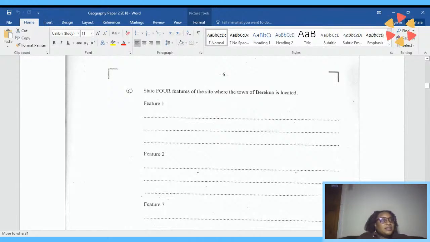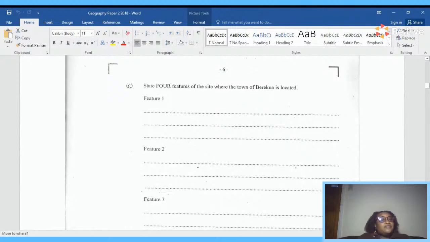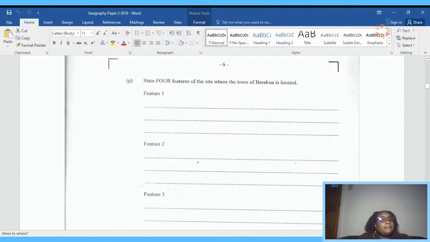You have two things, site and situation. Site is the location of the settlement or the town. The situation would be the surrounding environment.